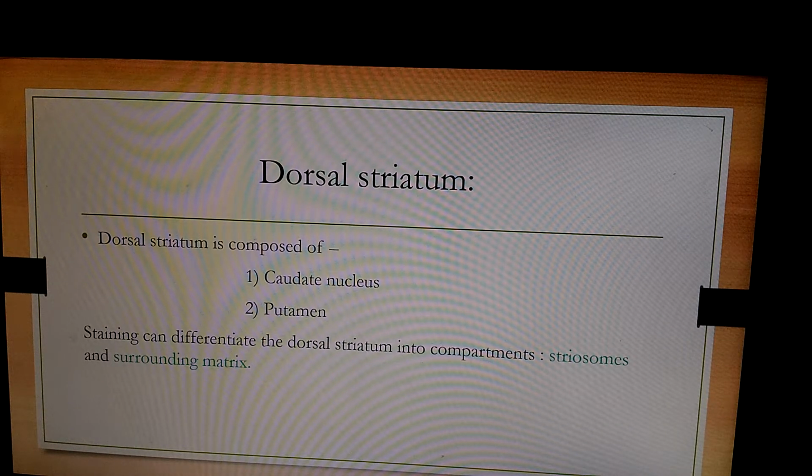Dorsal striatum. Dorsal striatum is composed of caudate nucleus and putamen. Staining can differentiate the dorsal striatum into components like striosomes and surrounding matrix.